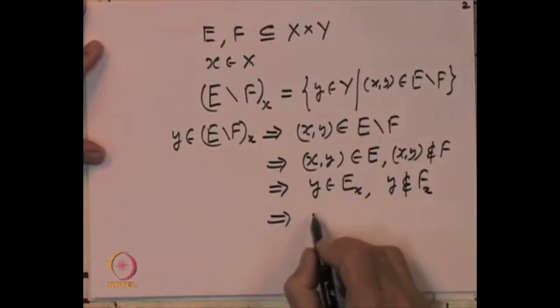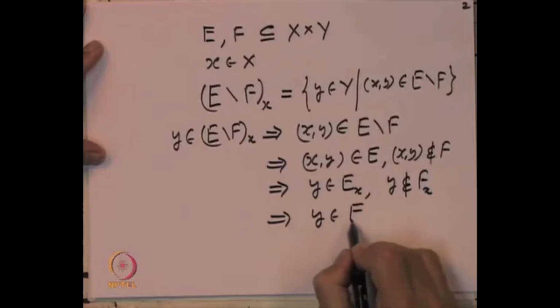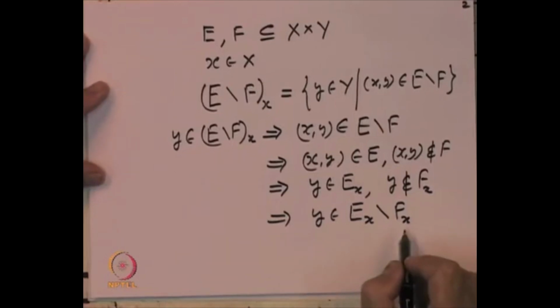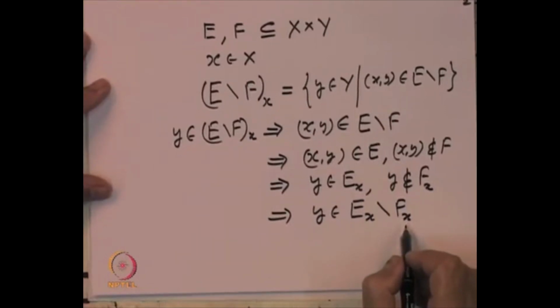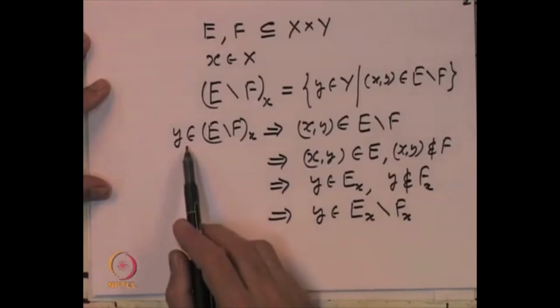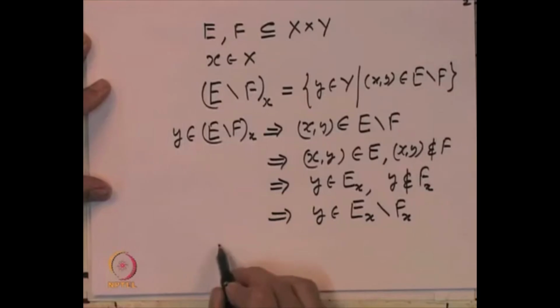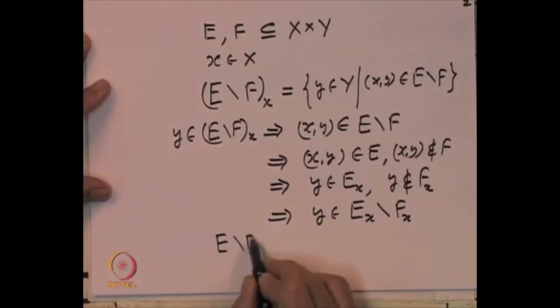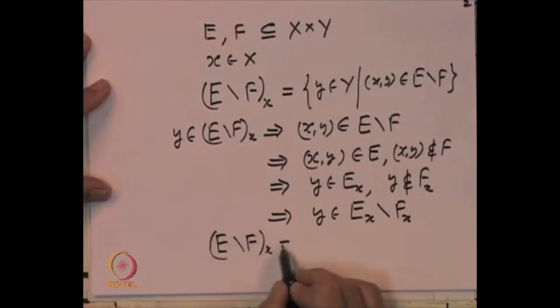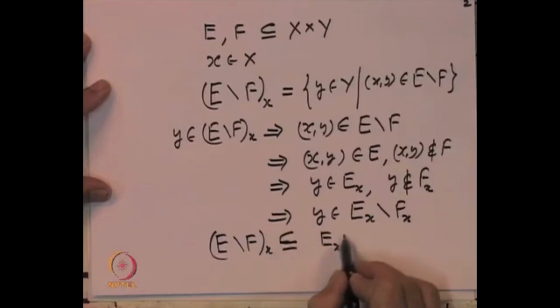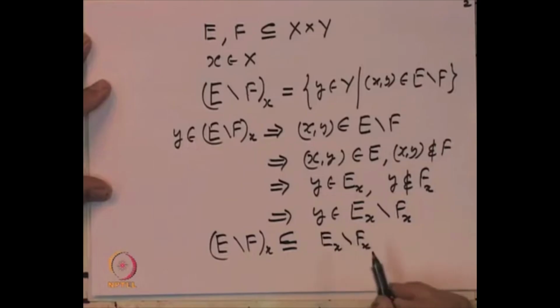So that implies that y belongs to the section of E at x, but does not belong to the section of F at x. So y belongs to E lower x difference F lower x. So the section of (E minus F) at x is a subset of E lower x difference F lower x.